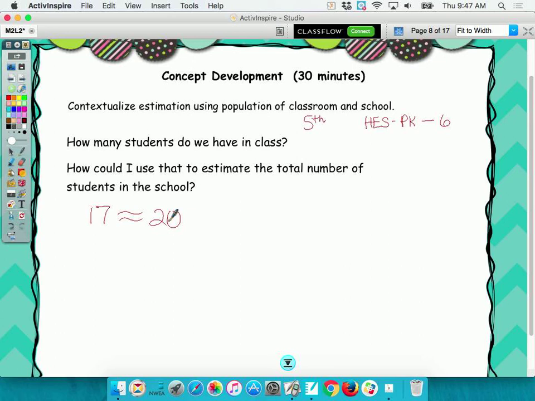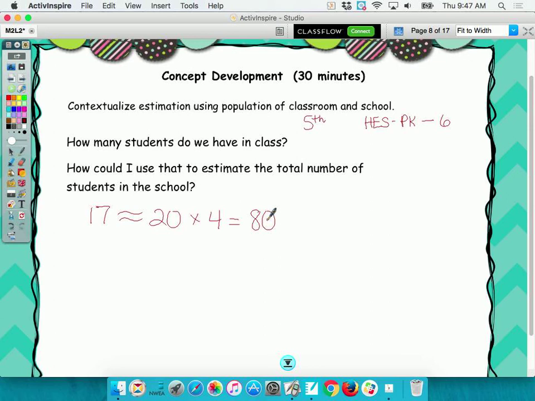To figure out 5th grade, multiply by 4 classrooms. So in 5th grade, we have about 80 students, okay? And that's 5th grade. Pre-K through 6, how many grades is that? 8 grades.